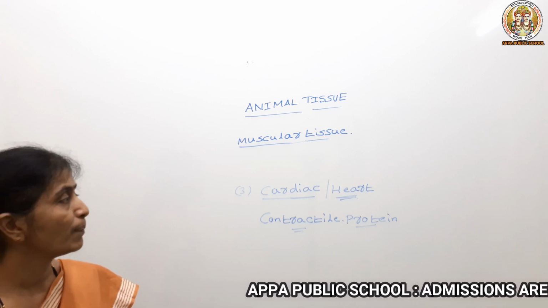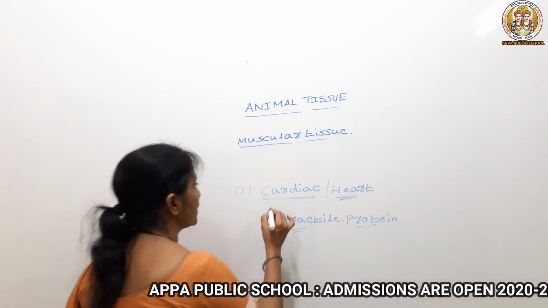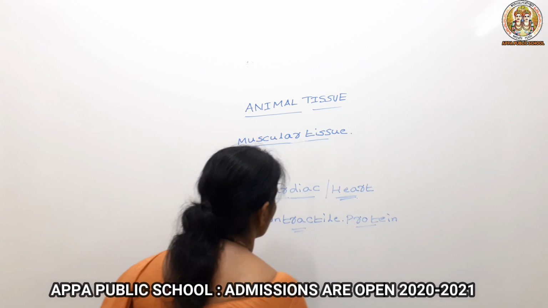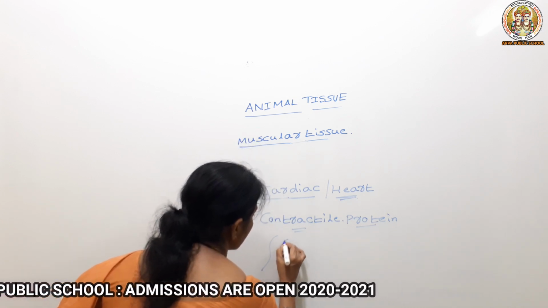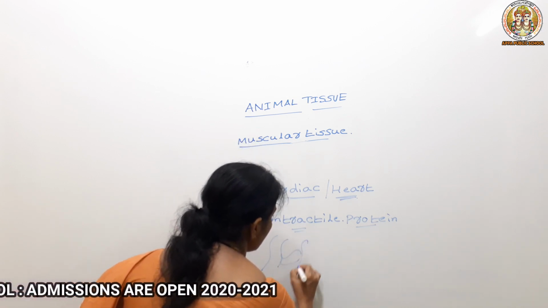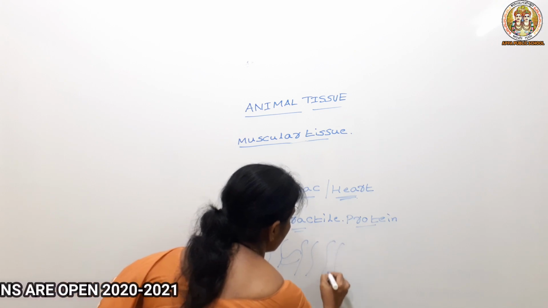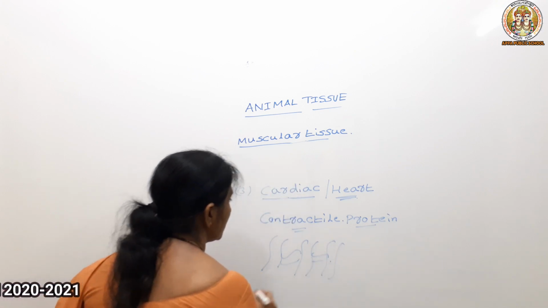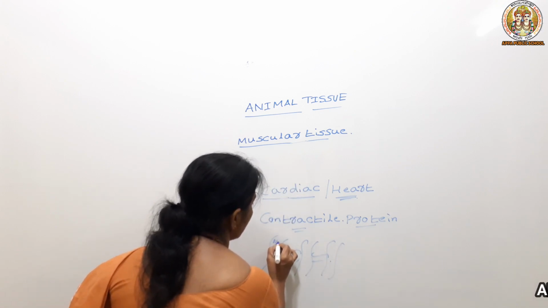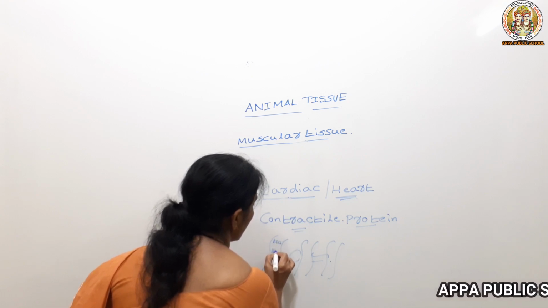The cardiac muscle, we can see the structure, it is a branched structure. We can see the rough diagram here, the branched structure, and it has dark and light bands.